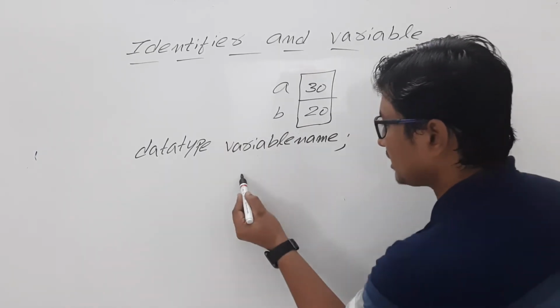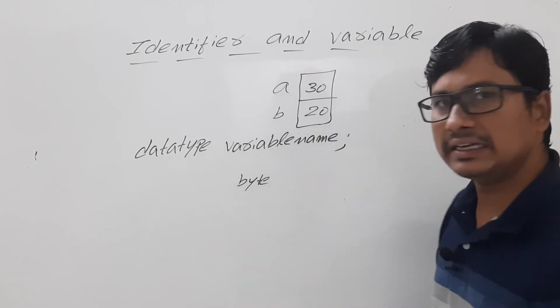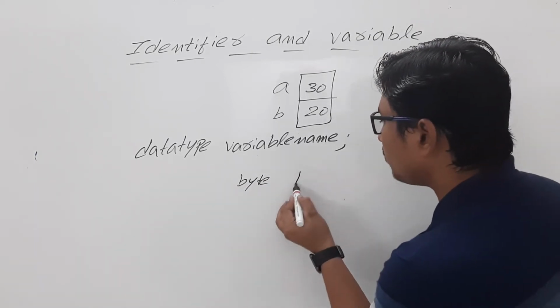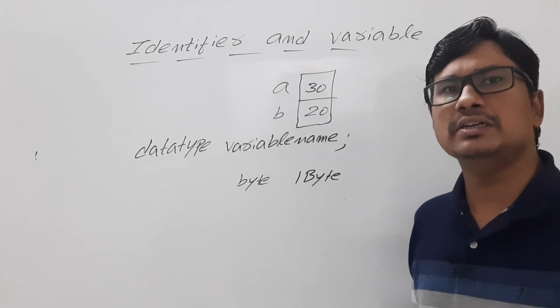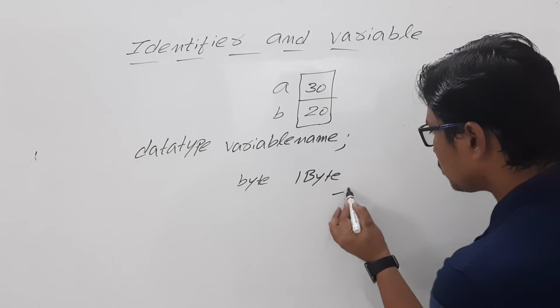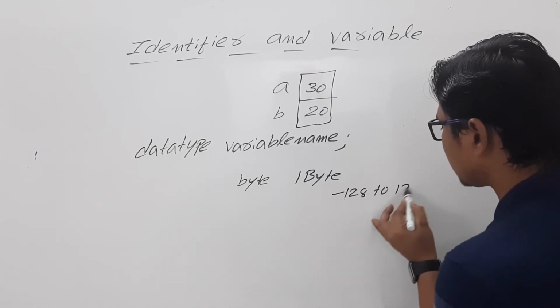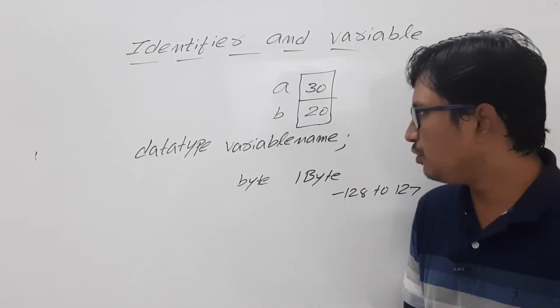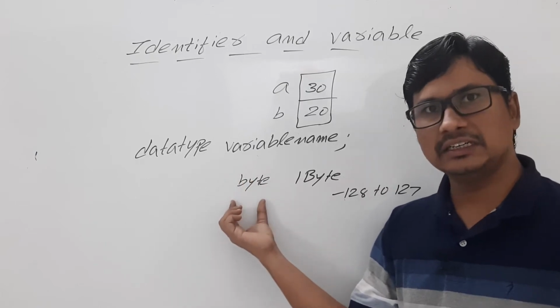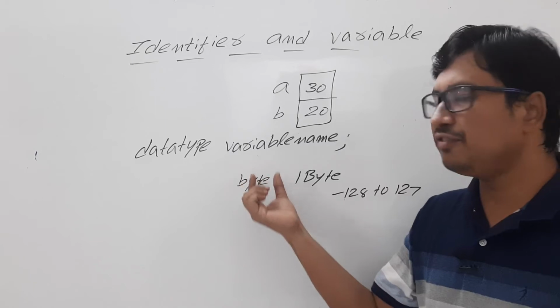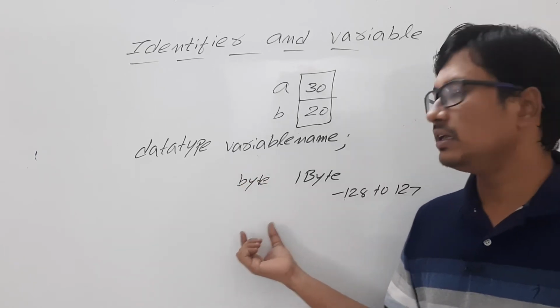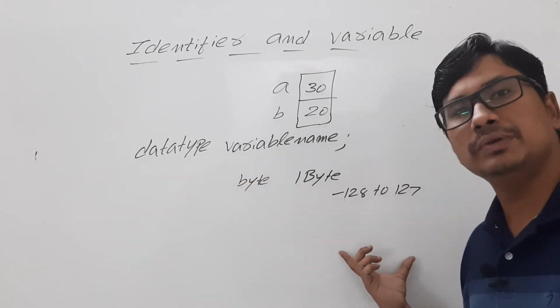If it is a byte, then it will be 1 byte of information. 1 byte means 8 bits. So using 8 bits, you can store from minus 128 to 127. So if you keep a variable as byte, then this is the range of values you can store. Similarly, if it is an int, then it will be 4 bytes, and the range will be different.